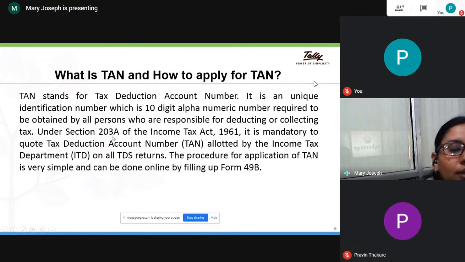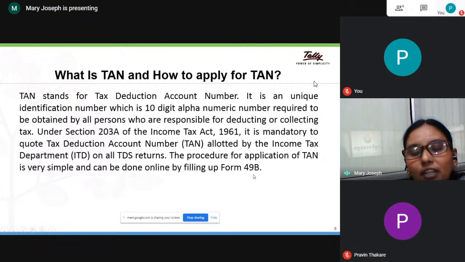Under section 203A of the Income Tax Act 1961, it is mandatory to quote the Tax Deduction Account Number, TAN, allotted by the Income Tax Department on all TDS returns. The procedure for application of the TAN is very simple and can be done online by filling up Form number 49B.